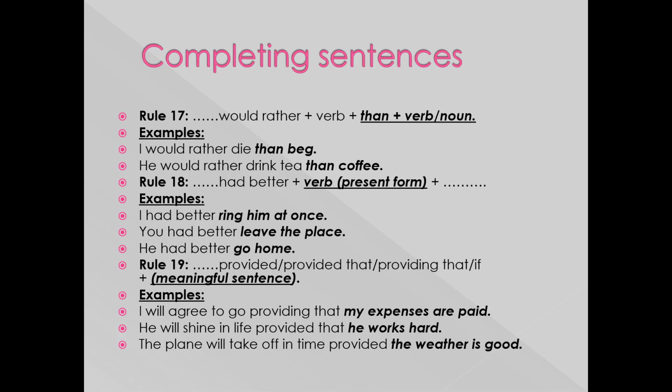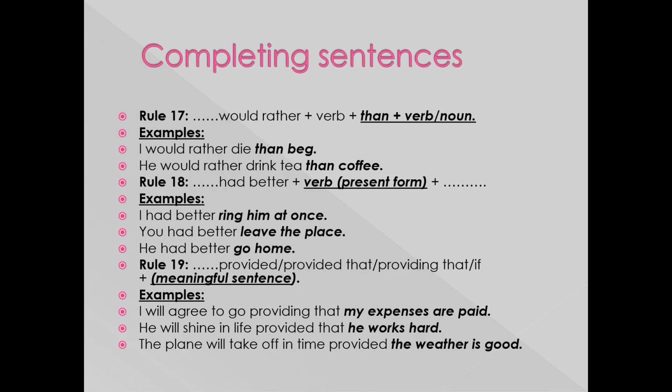Like these examples, I would rather die than beg. So you see that death is preferred here to begging. So I prefer death to begging, and that's why I am saying like this. I would rather die than beg. That is the first example.